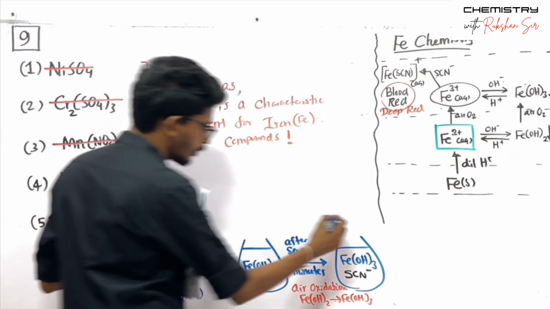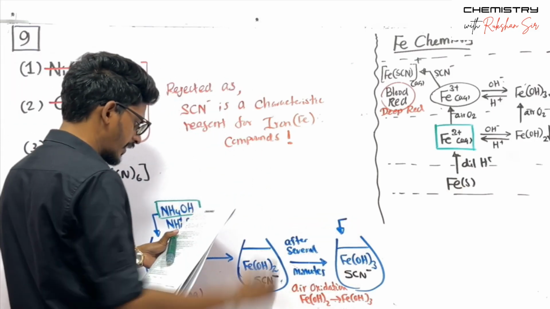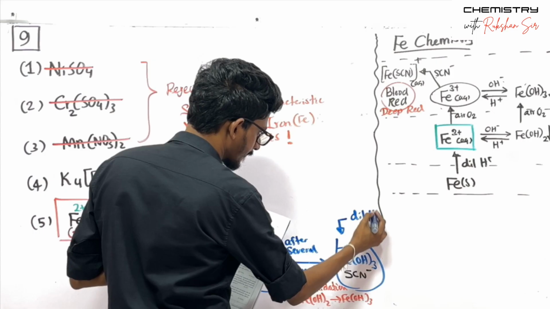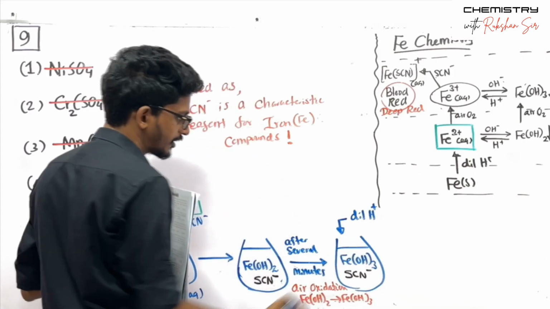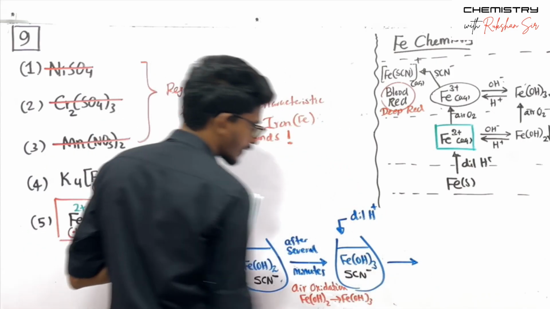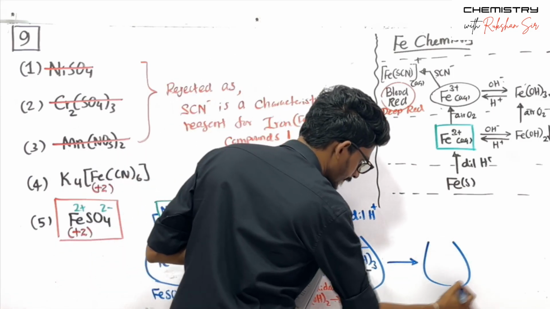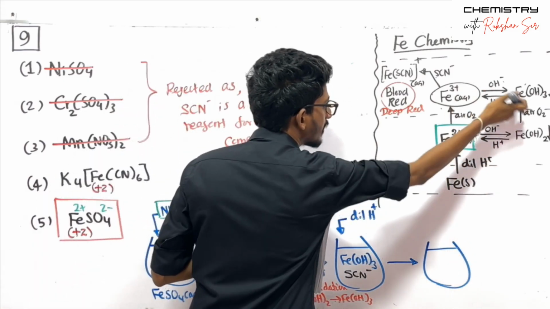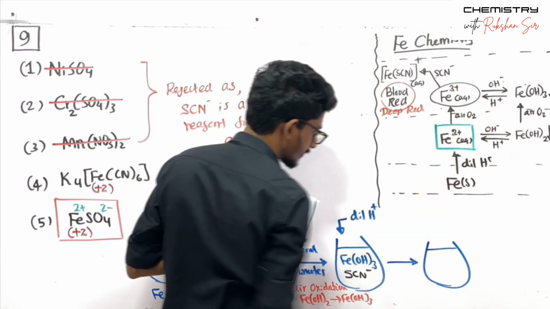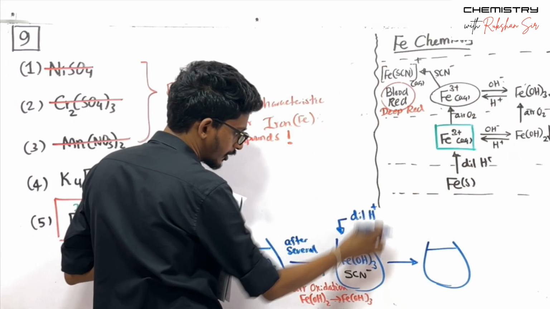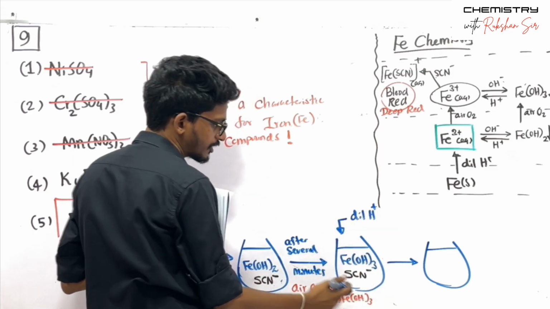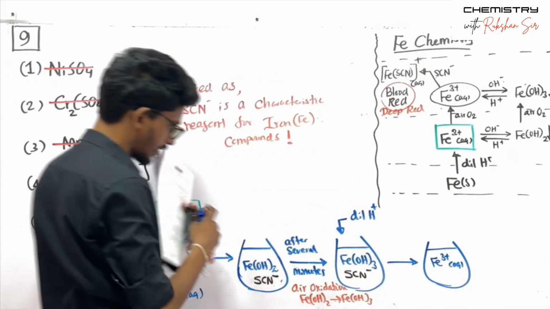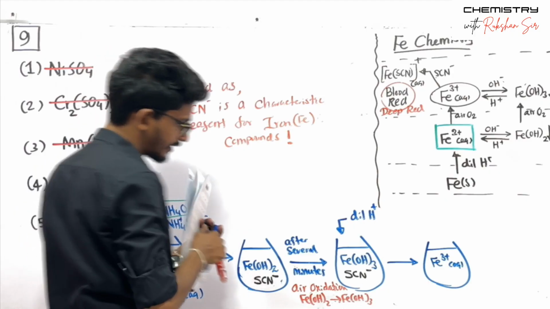Then to this thing, you are adding what? You are adding dil sulfuric acid, dil H plus in the form of sulfuric acid. Then FeOH3 converts to Fe3 plus with the addition of H plus. The H plus joins with the OH minus to form water, then Fe3 plus remains in the solution. So now you have Fe3 plus aq in the solution with some SCN minus ions.